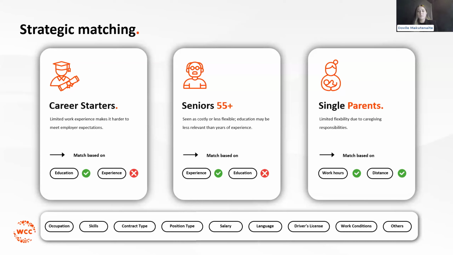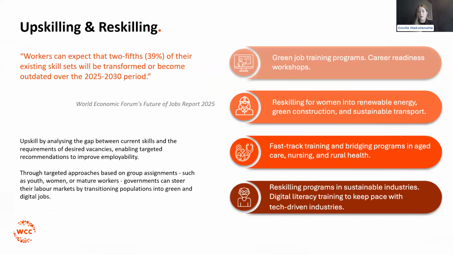And next slide, how else we support public employment services with active labor market policies is with facilitating reskilling and upskilling. So our solution does facilitate skills training opportunities and guide especially the target groups towards upskilling to find a better job.